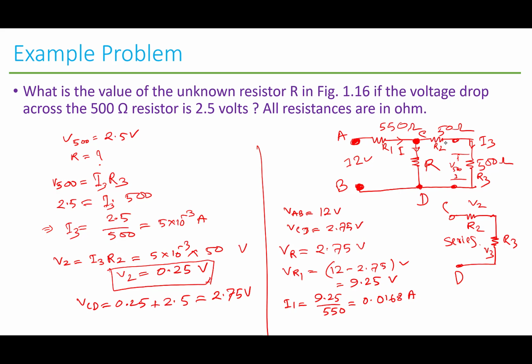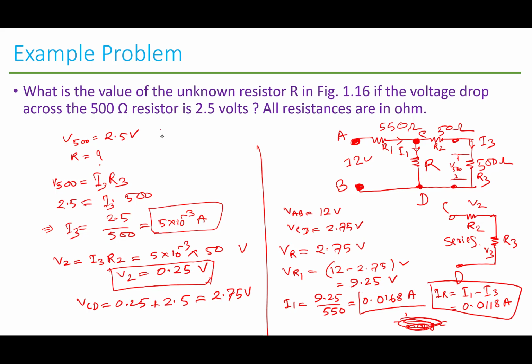So we can easily find out IR equals the total current I1 minus I3. We got this current here, and we got this current here, so IR is 0.0118 ampere.